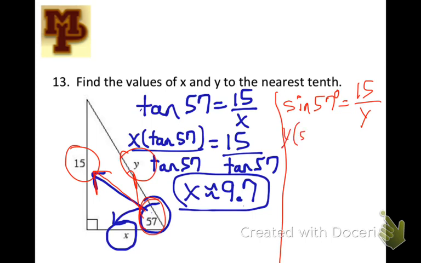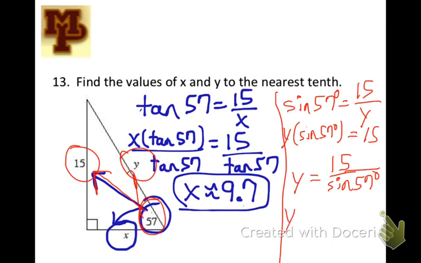Multiply by y first, equals 15, and then divide by sine of 57. So y equals 15 over sine of 57. I'm okay with any shortcuts you like to do on this. I'm just showing all the work. So y is about 17.9.